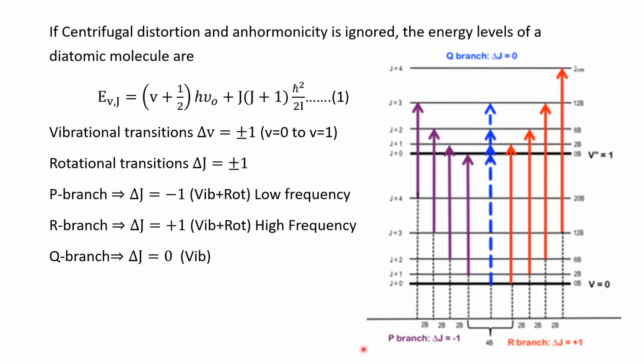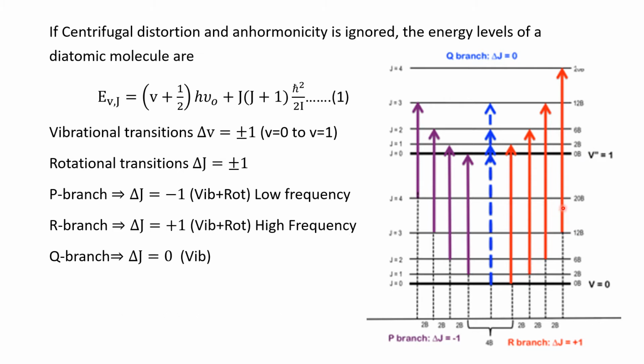Okay, so on the left we have the low frequency, and on the right we have the high frequency. When we talk about the R branch, this is associated with Δj = +1, and this is also a vibrational-rotational line, and this is a high frequency. So here in this transition we go from j = 0 to j = 1, so Δj = 1 - 0 = +1.